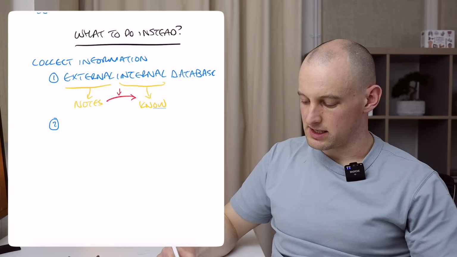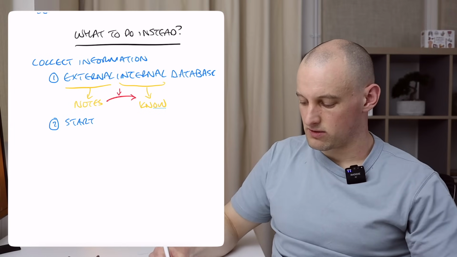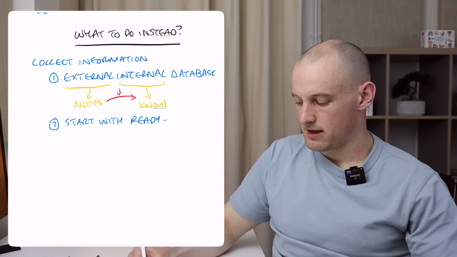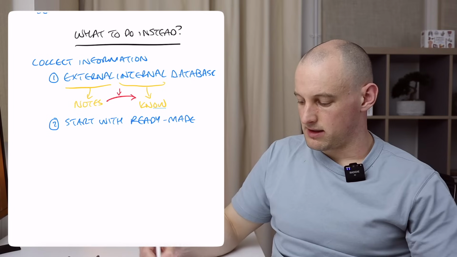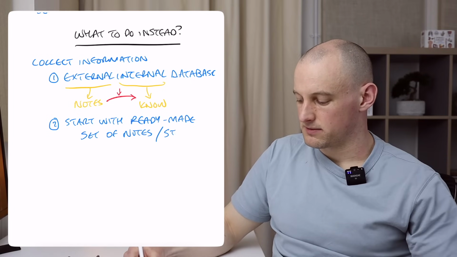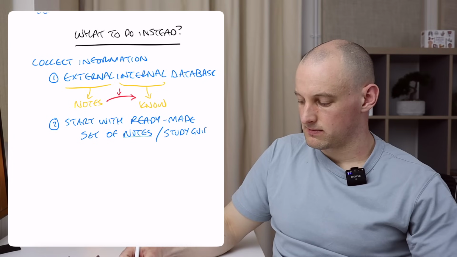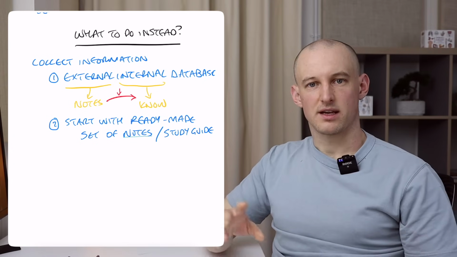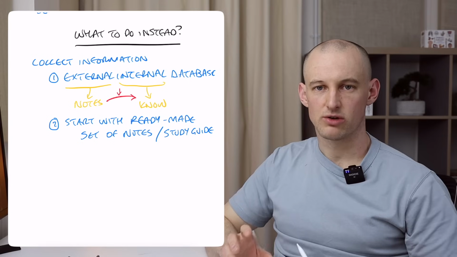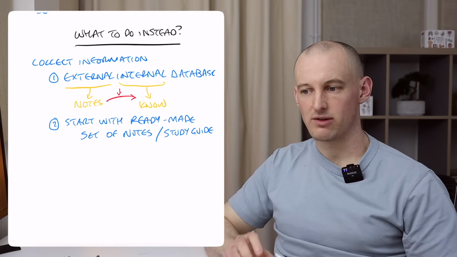So what you do is start with a ready-made set of notes or study guide. And maybe years ago this wasn't as practical, but nowadays there are such good resources available that you don't need to make your own notes.